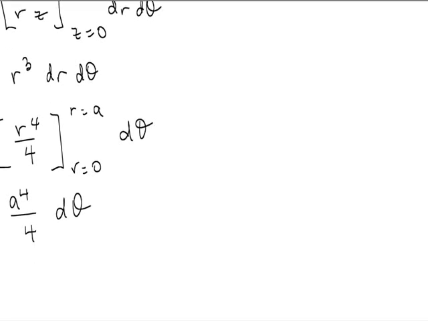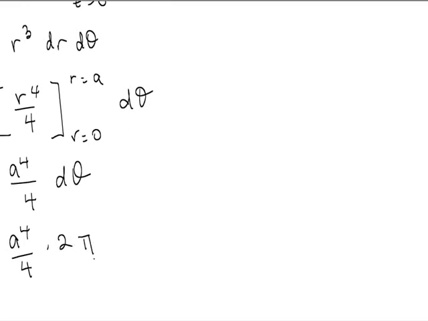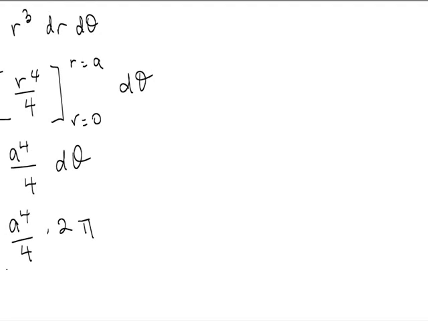And so your final answer would be a to the 4th over 4 times 2 pi, which is equal to pi over 2 a to the 4th. Okay, any questions?